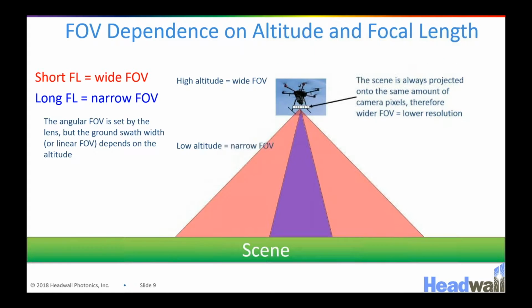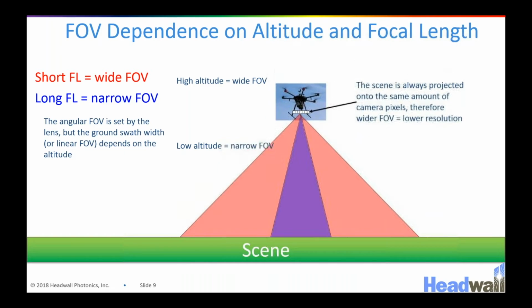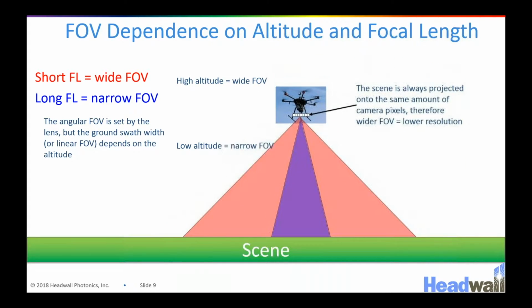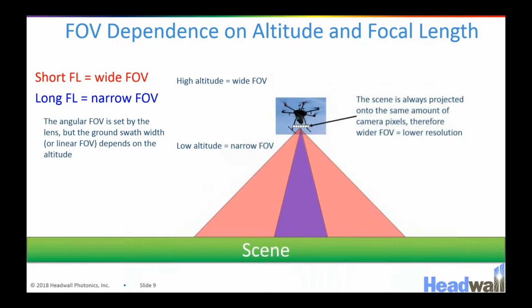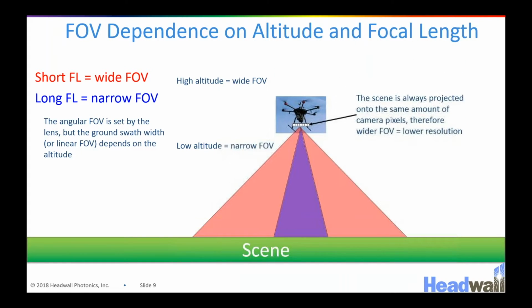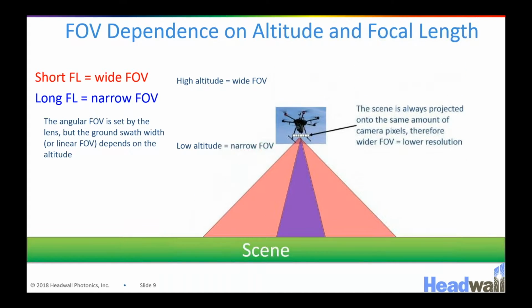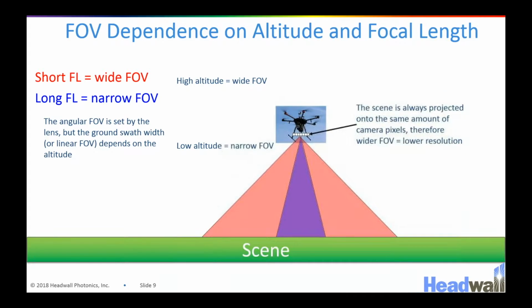But if you change your altitude, you can change the amount of the scene that you're covering. So of course, at lower altitudes, you will cover a smaller bit of the scene at a higher resolution. And at higher altitudes, you will cover more of the scene, but at lower resolutions. So that's just one way that you can easily, using just a standard drone, choose to fly at, say, 20 meters or 120 meters to either get better resolution or to cover a larger swath.